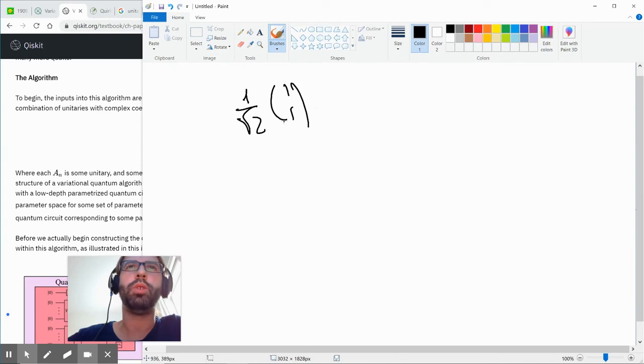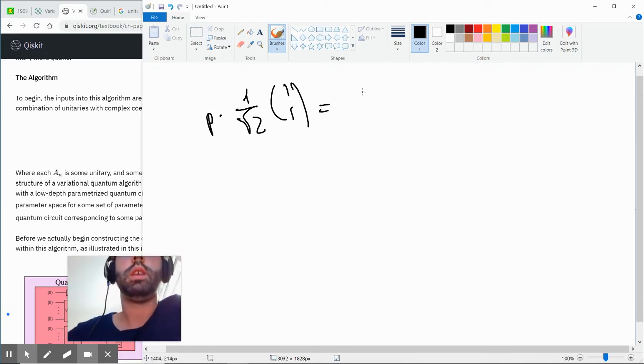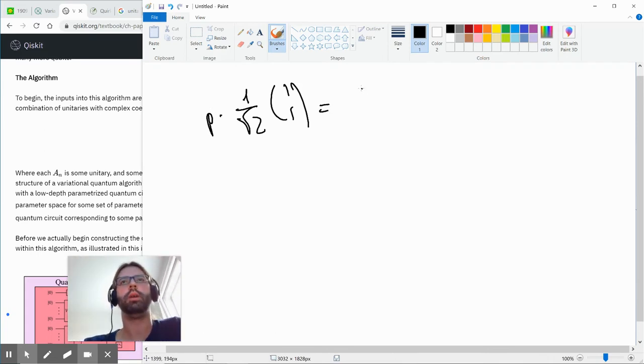And this is supposed to be, so okay, these times whatever constant is supposed to be equal to a vector. How do I solve for that?